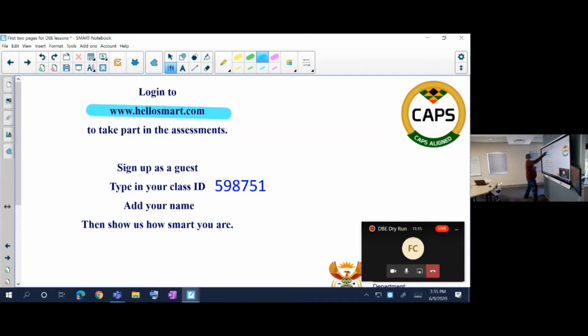Make sure that you log in as a guest. That is very important. The system will then ask you for a class ID, and here is your class ID: 598751.